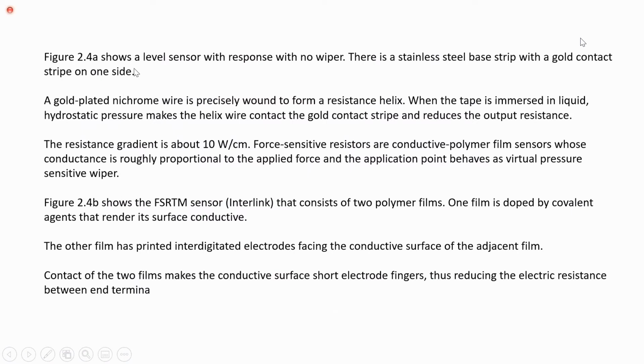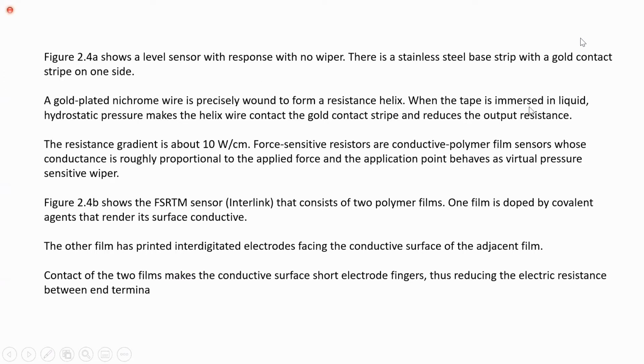Figure 2.4 shows a level sensor with a response with no wiper. We observe here there is no wiper because the liquid will act as a wiper. There is a stainless steel base strip with a gold contact strip on one side. A gold plated nichrome wire is precisely wound to form a resistance helix.